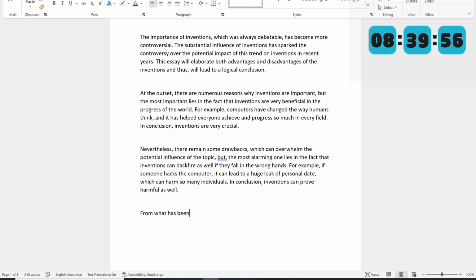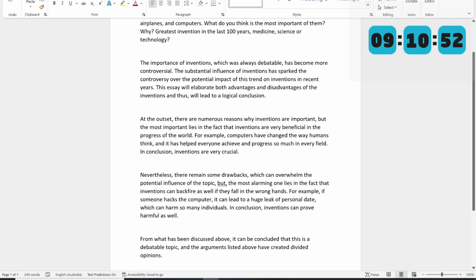From what has been discussed above, it can be concluded that this is a debatable topic, and the arguments listed above have created divided opinions.